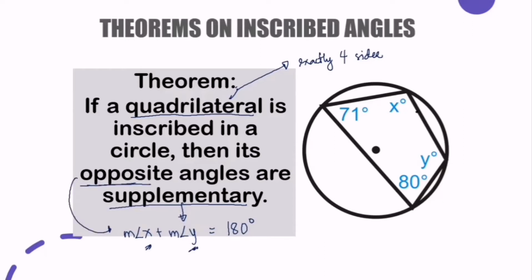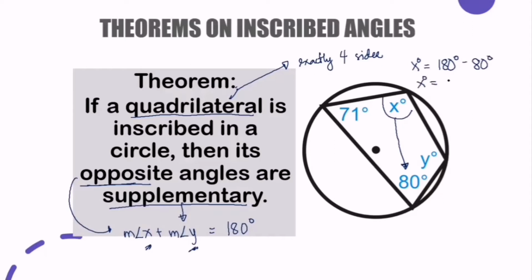For this illustration, the opposite angles here are x and its opposite, 80 degrees. This means they should form 180 degrees. So we expect the sum to be 180 degrees, and you already have 80 degrees, so we just subtract.